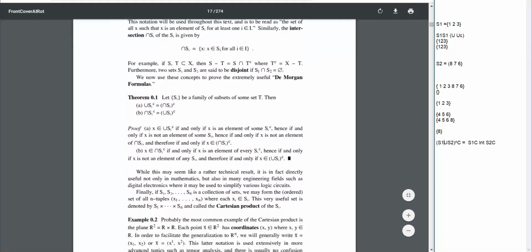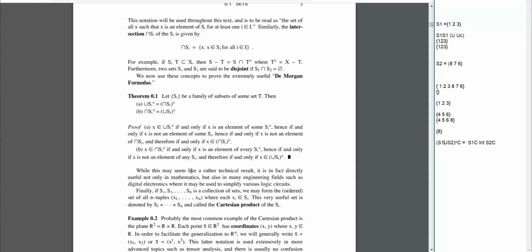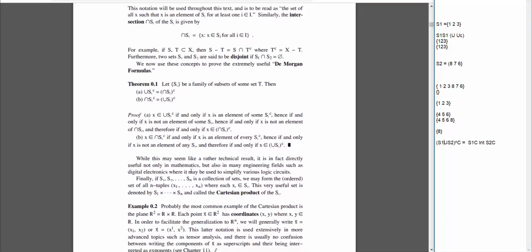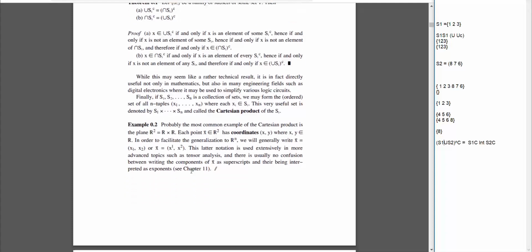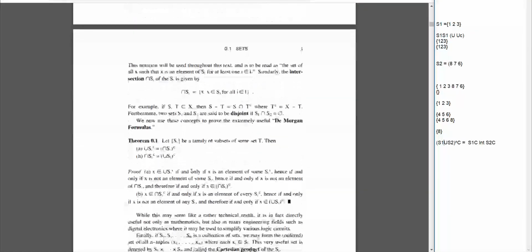There is a proof here that I really don't think we have to go through. I don't think it's necessary, and I think the book could have used a different approach. I understand that it gives us an indication as to what's really important.